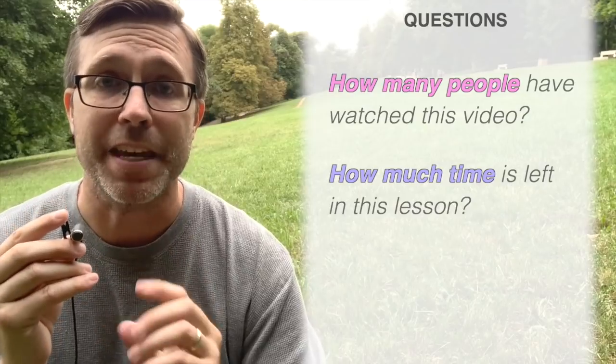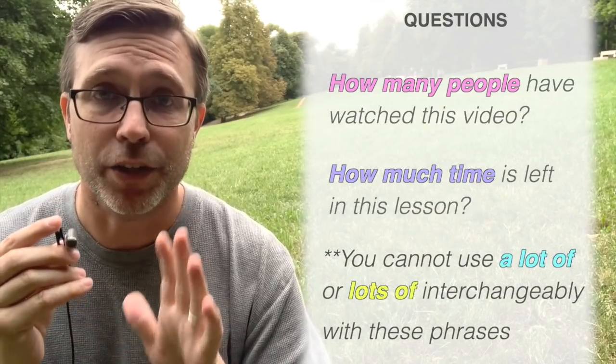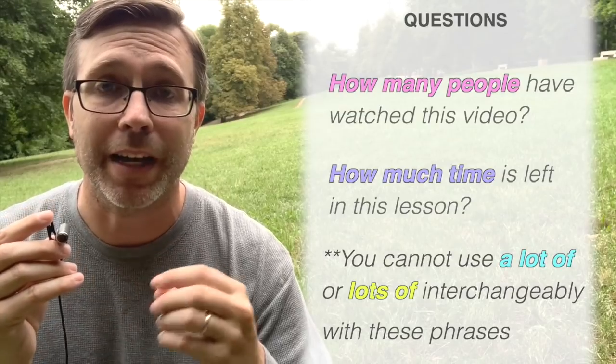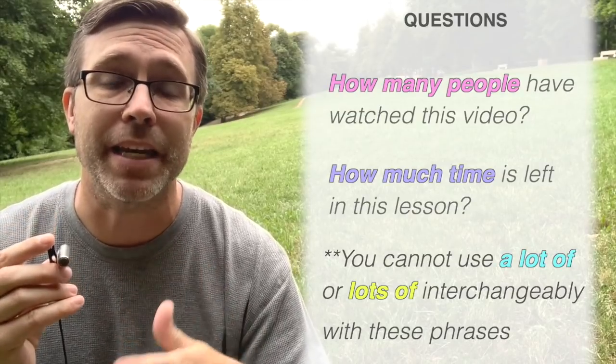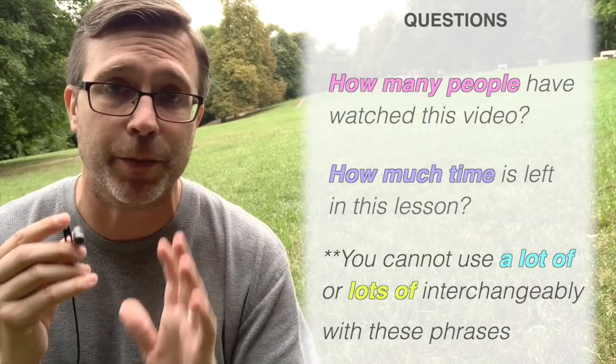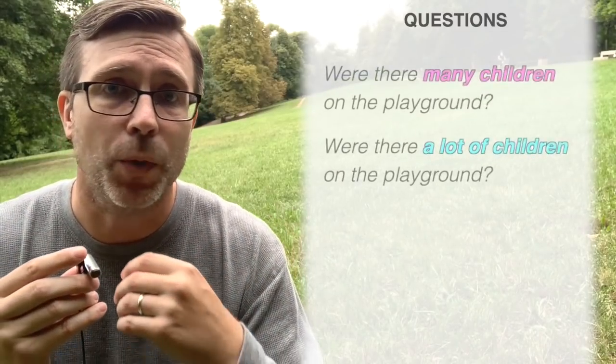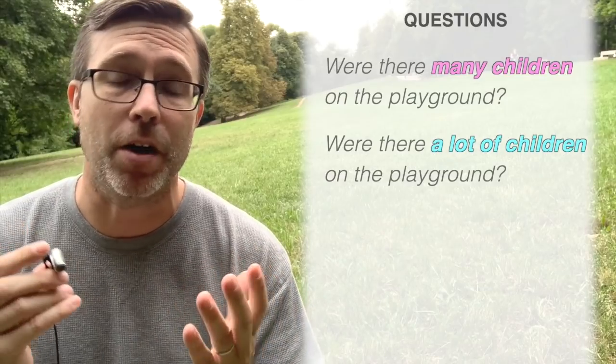But the one thing that is different about this is that you cannot use "a lot of" or "lots of" instead of "many" and "much." All right. So you really just need to think of those as like fixed phrases. How many, how much. With other questions, you can use them interchangeably. I could say, well, were there many children on the playground?